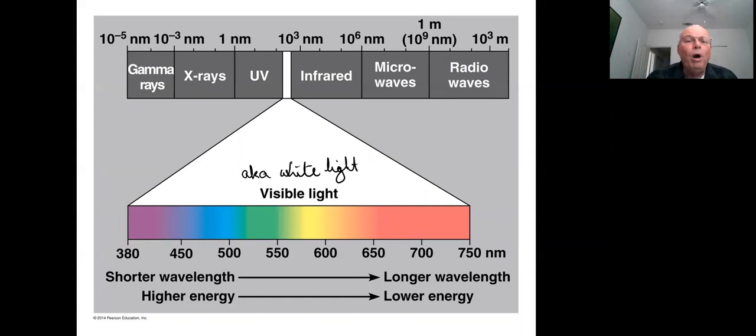And what we now recognize is that our ability to see these different colors is the result of different pigments. So why do you see something as red? Well, the reason is that red light is being reflected by the particular colored pigments in that material.